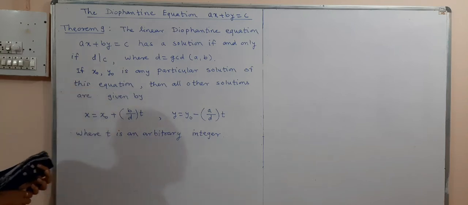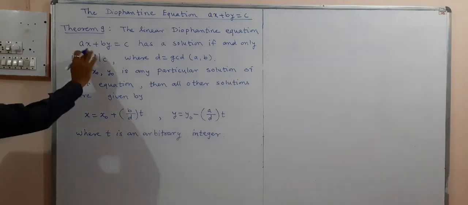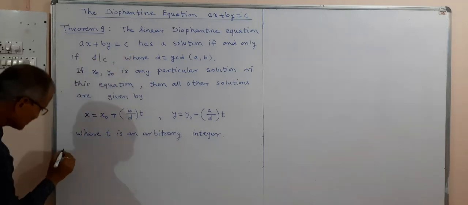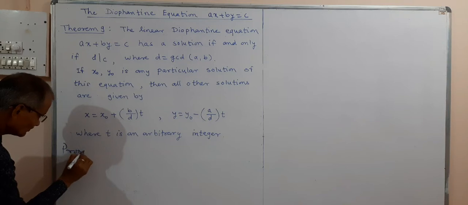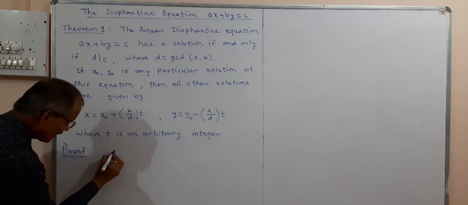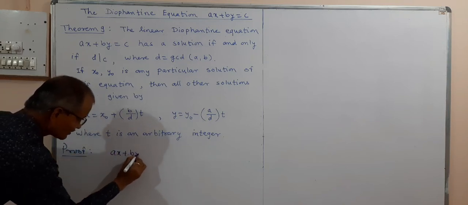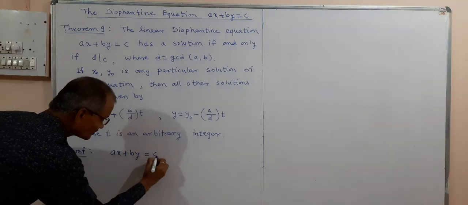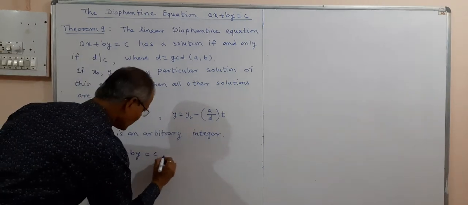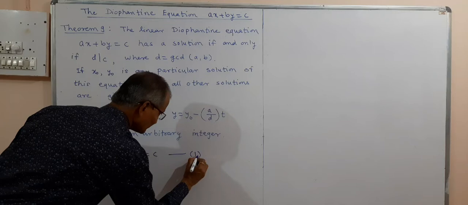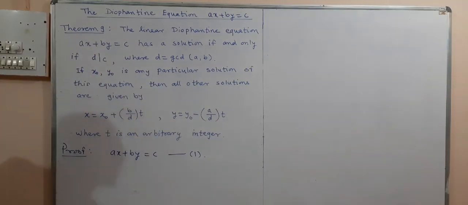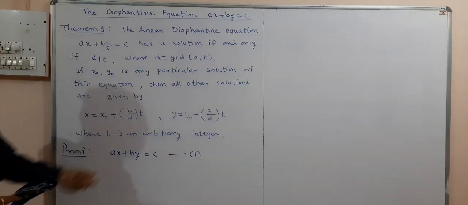Now we shall consider the proof. We will consider again the equation. The Diophantine equation is ax plus b into y is equal to c, and we shall call this equation 1. Next we shall consider the GCD of a and b is equal to d.